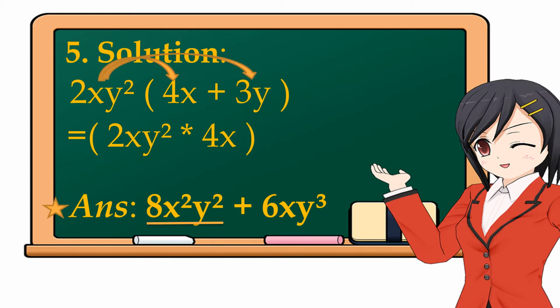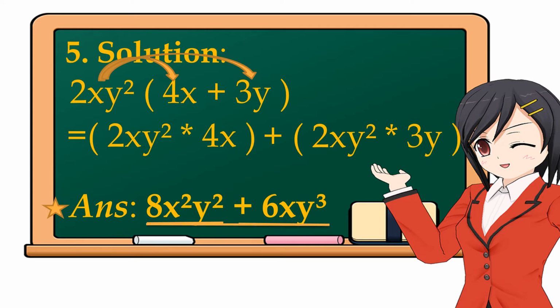And 2xy squared multiplied by 3y will give us an answer of 6xy cubed. So the answer for number 5 is equals to 8x squared y squared plus 6xy cubed.